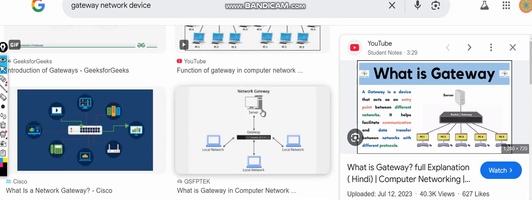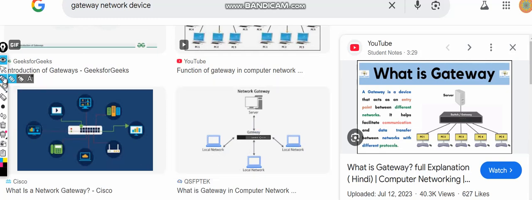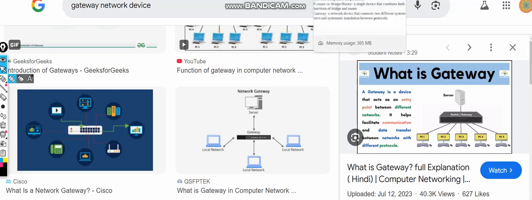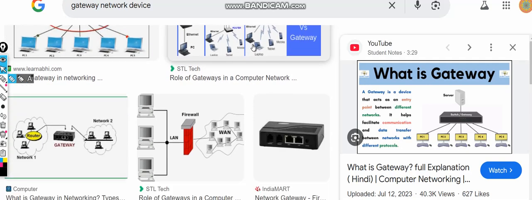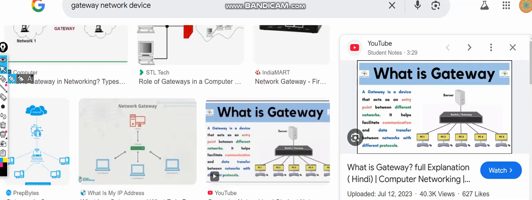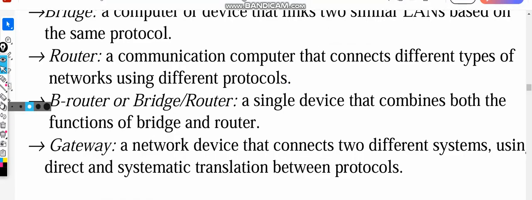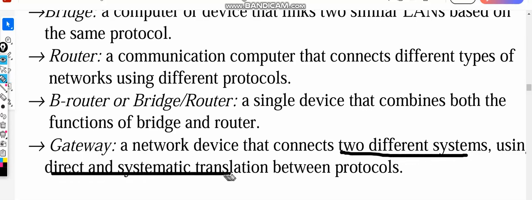So network gateway, server gateway, local network. A gateway is a network device that connects two different systems using direct and systematic translation between protocols.